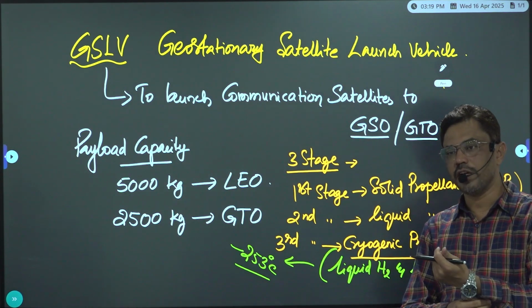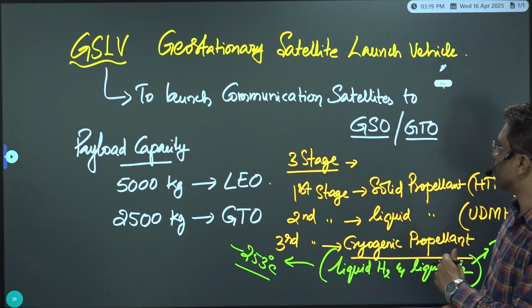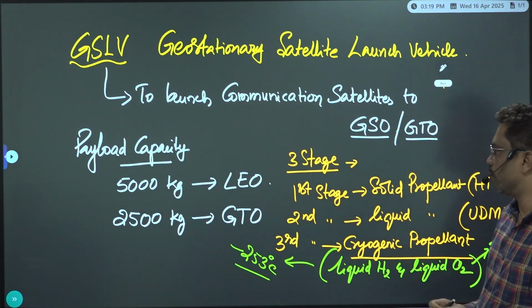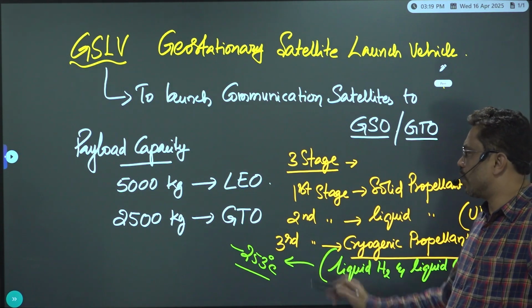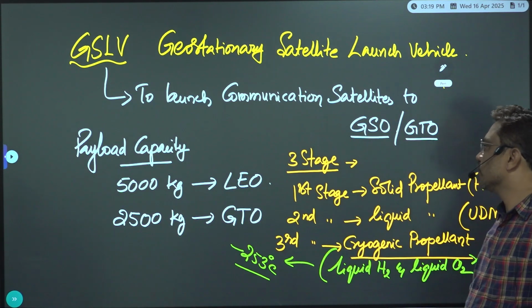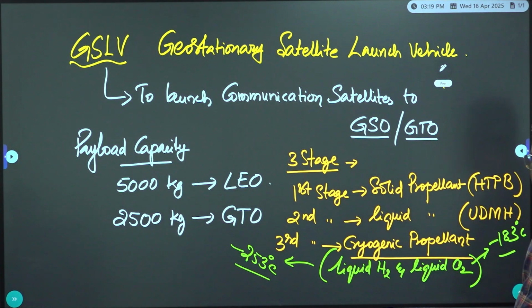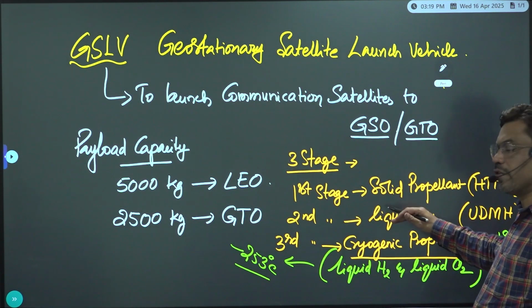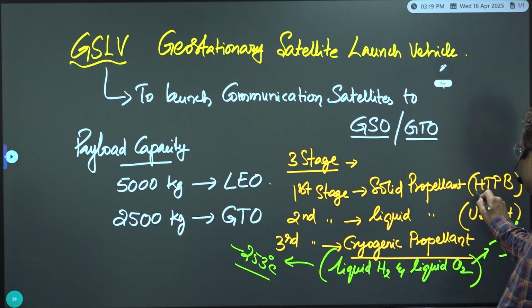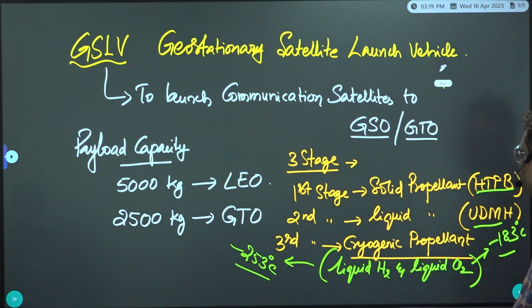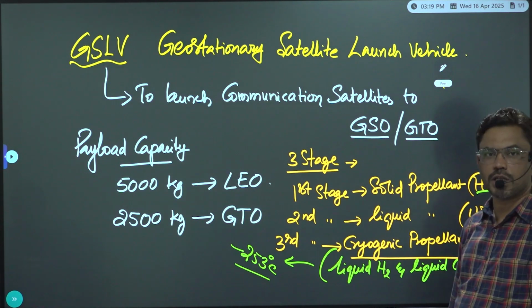So GSLV, Geostationary Satellite Launch Vehicle, is to launch communication satellites, that is heavier satellites of up to 5000 kg payload. How do you remember this? It is a three-stage rocket in which solid, liquid and cryogenic propellants are used. Solid propellant, HTPB, hydroxy terminated polybutadiene. Liquid propellant, UDMH, unsymmetrical dimethyl hydrazine.